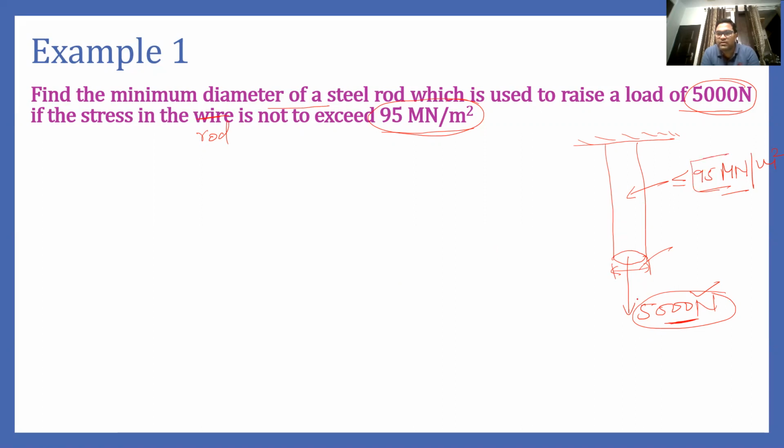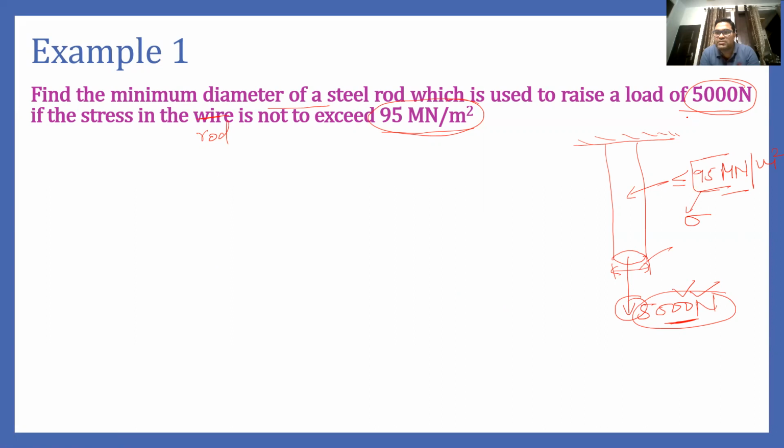Obviously, if this load is suspended like this, this load is perpendicular to the cross-sectional area. So this is basically a normal load, and the stress here will be normal stress. First of all, in the solution, we will write the values given in this problem.